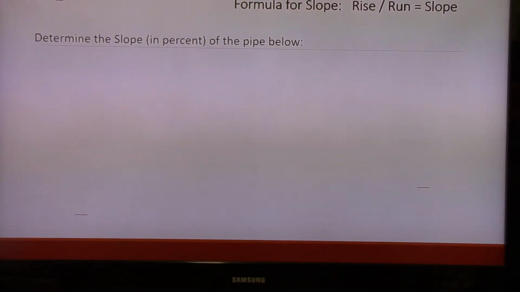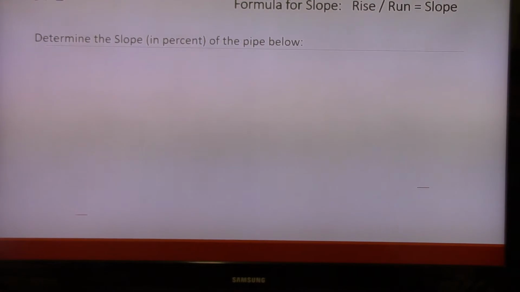Since we know that the run is 327 feet, and the invert elevations are 318.7 feet for the downstream elevation and 322.1 feet for the upstream elevation, we know that in order to establish what the slope is in percentage, we have to plug in a formula.